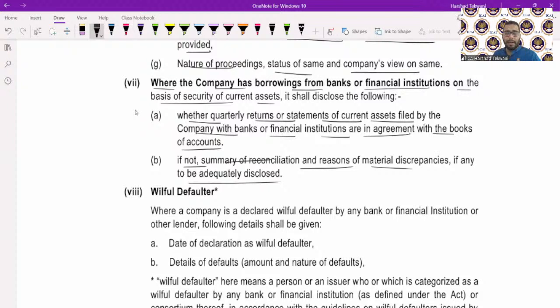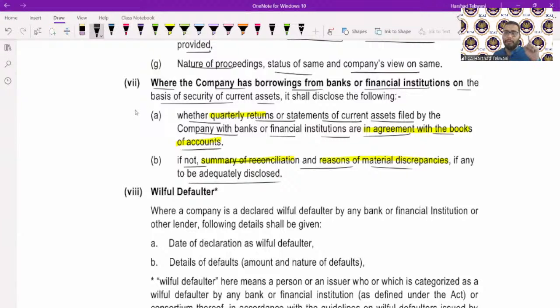See, this is where the company is required to provide additional information. We are required to verify the same, but the company is required to provide. So the company needs to report whether the quarterly returns contain information which is in agreement with the books of account. Number two, if not, summary of reconciliation and reason for material discrepancies. So these are the things that the company needs to provide.